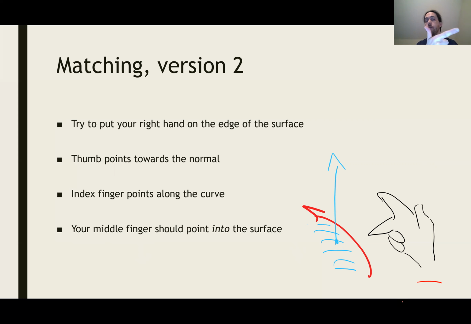You point your index finger in the direction of the curve, and you point your thumb in the direction of the normal vector, and you try and push your middle finger into the surface, as if you imagine your hand as being kind of like a can opener that's running around the outside edge of your surface. And if you can do that with your right hand, then it's properly oriented. And if it's with your left hand, then it's improperly oriented. So that's another way to remember this matching orientation.